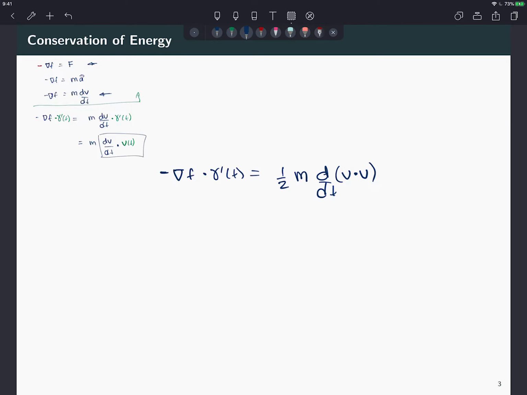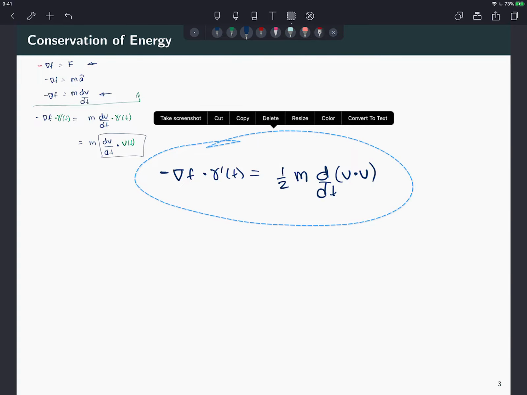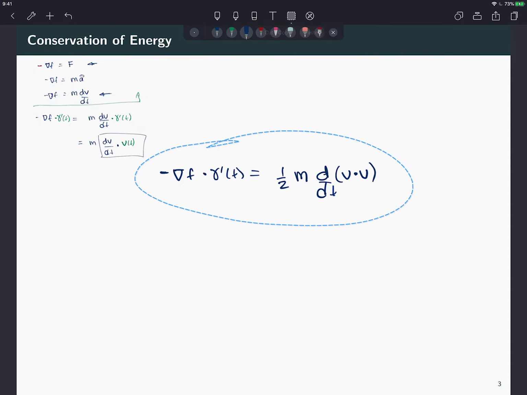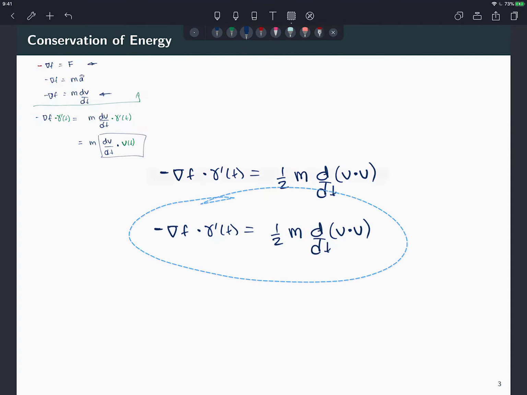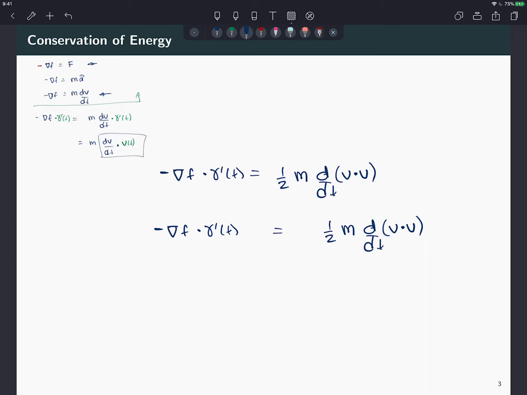So I'm going to copy this, move it a little bit to the right, and include right here an integral dt along the curve gamma.